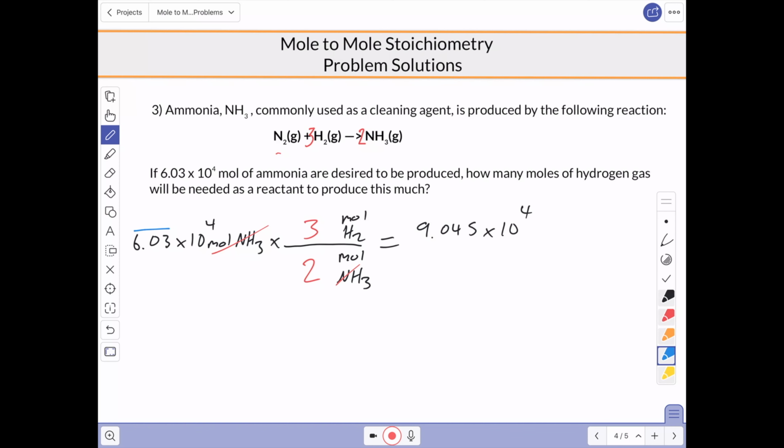So we have 3 sig figs here, right? So we need to round this number. We got a 5 with nothing after it. We have to remember our 5 rule. So if it's a 5 with nothing after it, that means we need to keep it even, right? So it's already even, so it's going to stay 9.04 times 10 to the 4 moles of hydrogen gas.